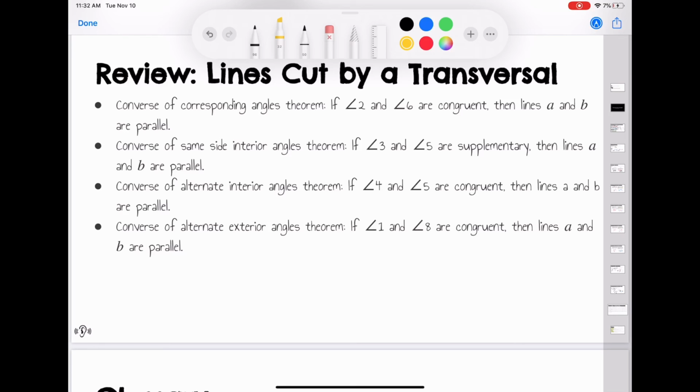In doing so, we learned that we can use these converses to prove that lines are parallel. For example, we could say if angle 2 and angle 6 are congruent, well then lines A and B are parallel. So what we're doing is determining that those angles are corresponding angles, same side angles, alternate interior angles, or alternate exterior angles, and then using that information to prove that those different lines are in fact parallel, thus proving parallel lines.